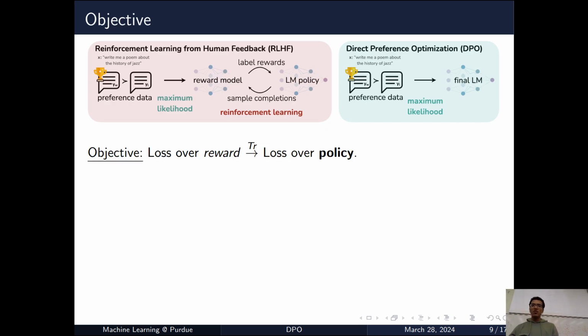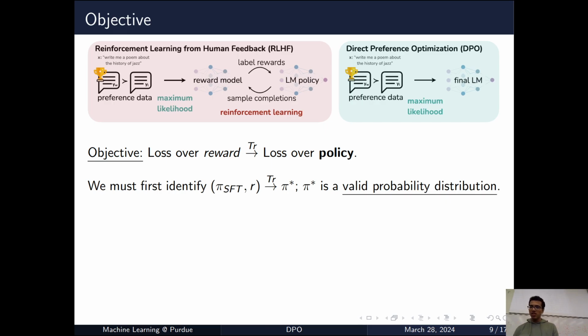So that's our objective. We want to transform from loss over reward to loss over policy. First, we must identify a transformation that takes pi SFT and the reward function and gives us a valid probability distribution pi star, because then we can directly use pi star as the target distribution of the language model.